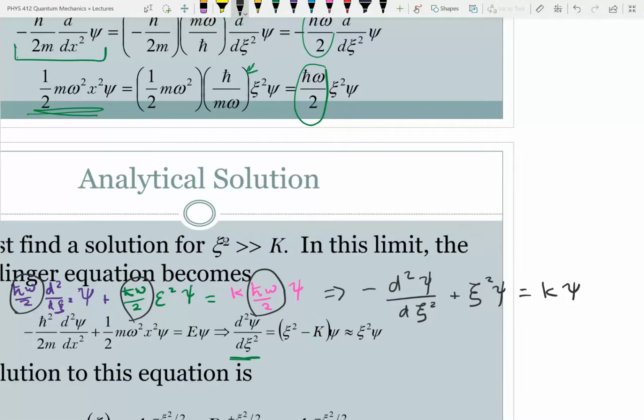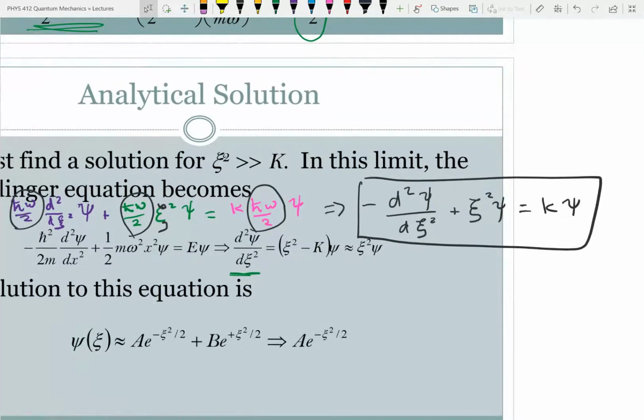And that's my full Schrodinger equation. So what's the difference between that and what's written below? The difference is this was moved over here and this was moved over there.